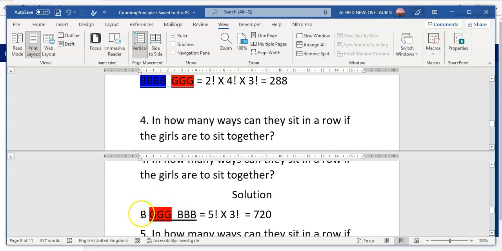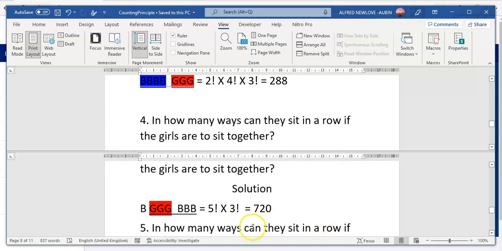So we count 1, 1, 2, 3, 4, 5. 5 factorial. And these girls, they can swap around. Alright, so how many? 1, 2, 3. 3 factorial. Then we move on. It's going to give you 720.